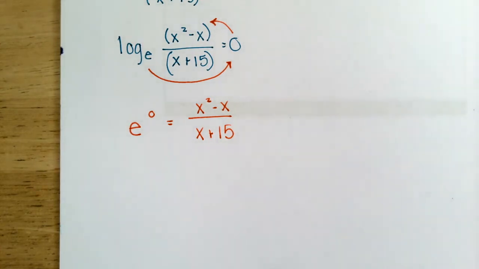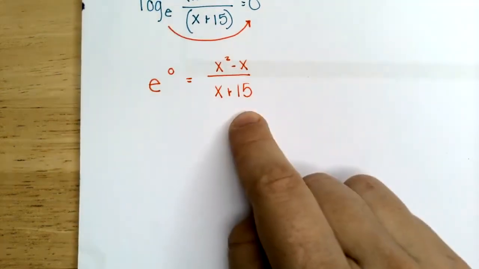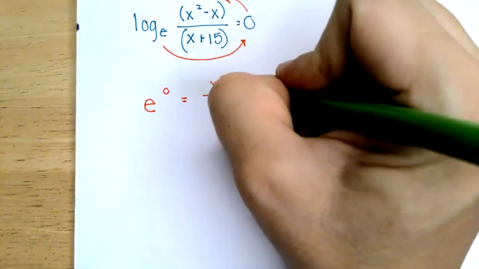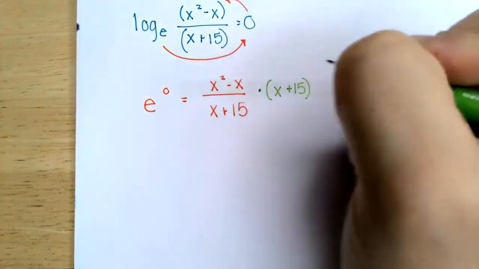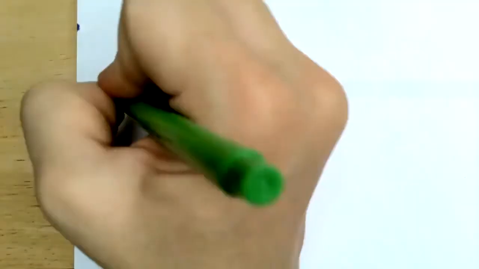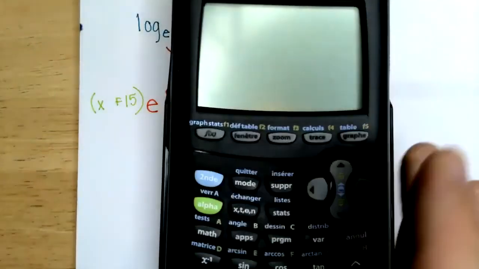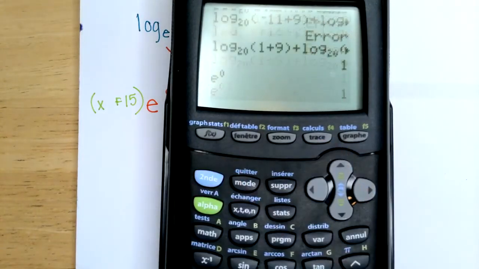Hold on, I need to plug in my computer. Okay. Now I'm just doing algebra, right? And this is a fraction. I don't love fractions, so I'm going to multiply both sides by the denominator, x plus 15, to get rid of the fraction. We know that any number to the 0 power is 1.